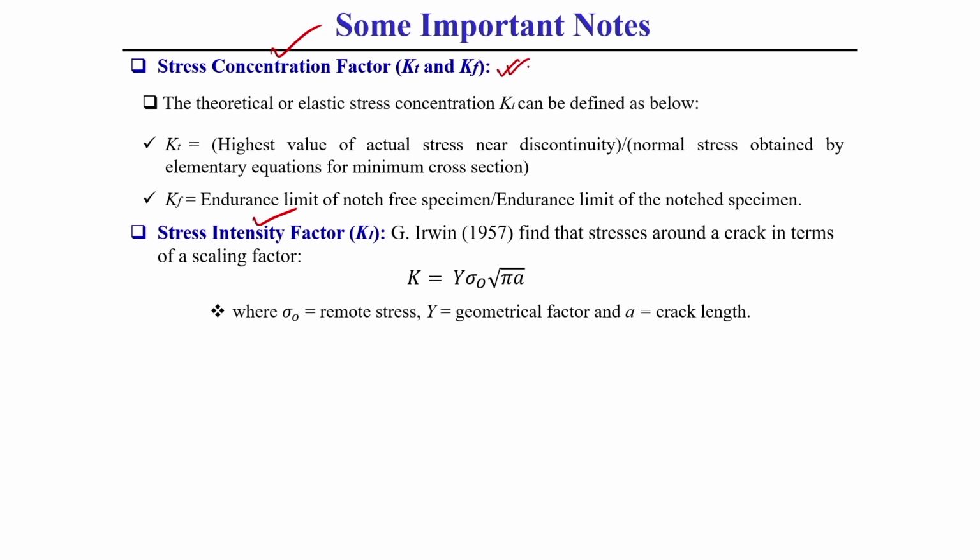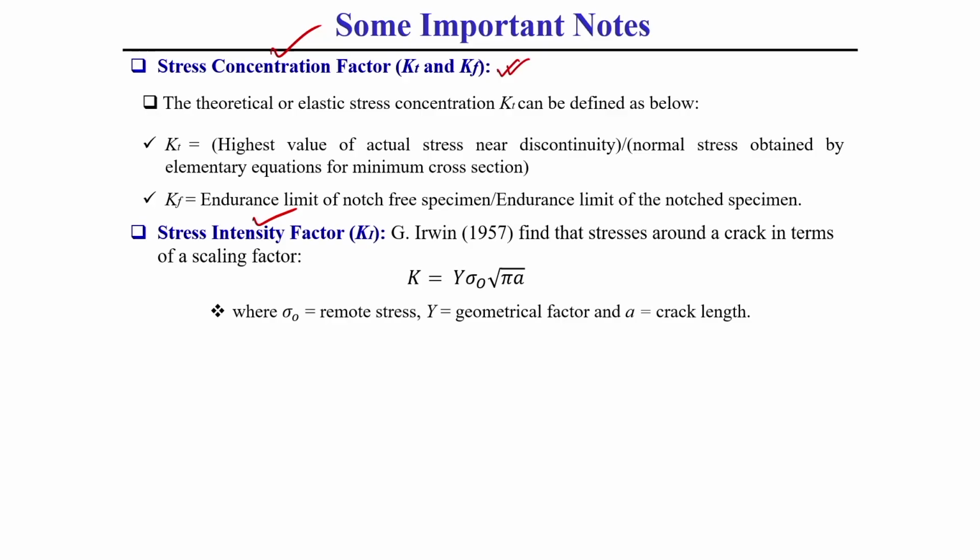First of all, I have already discussed stress concentration factor. Stress concentration is taken place where there is an abrupt change. Due to this stress concentration, the rise of stress compared to nominal stress, that ratio, is called the stress concentration factor.